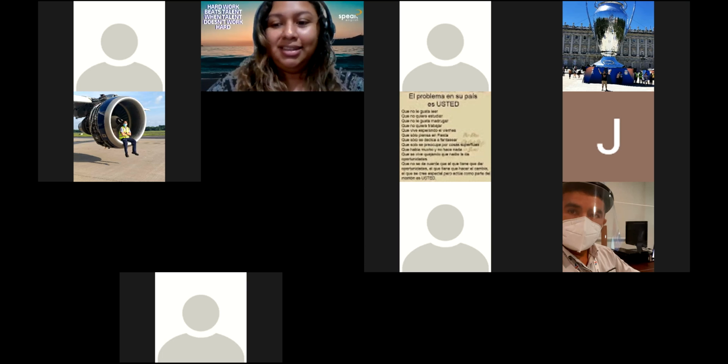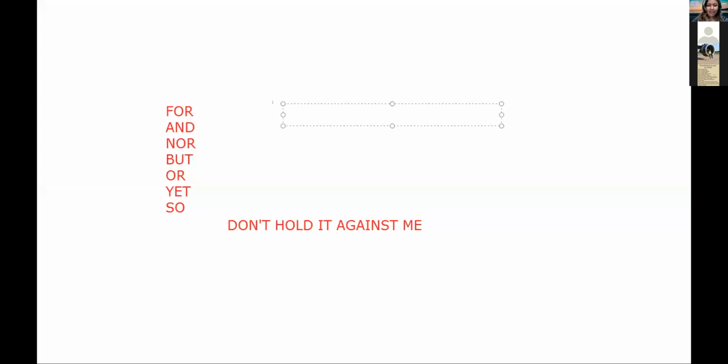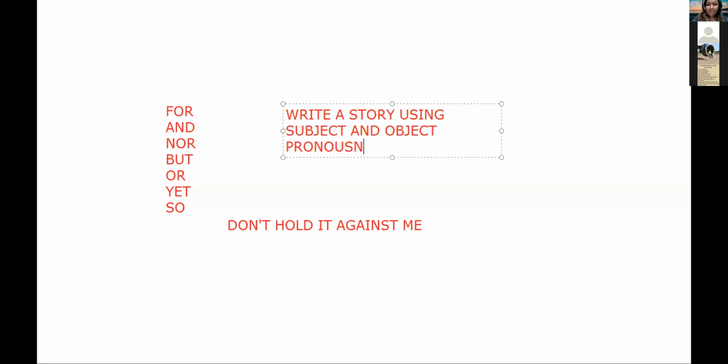What is our last activity for today's task? Look, here we go. So we say, write a story. Repeat it with me. Write a story. Using subject and object pronouns.